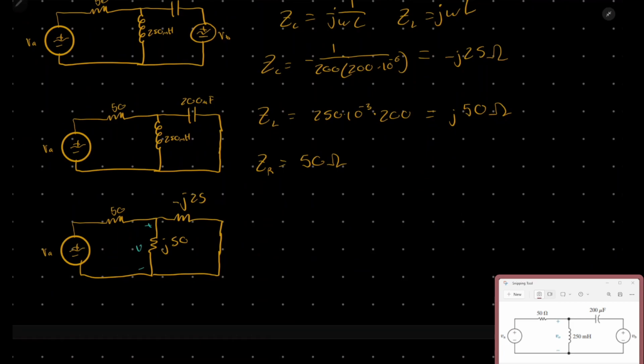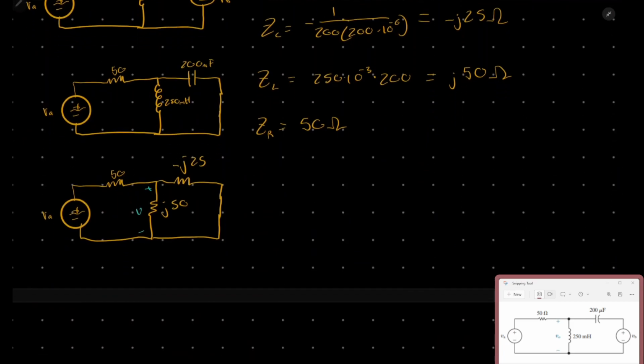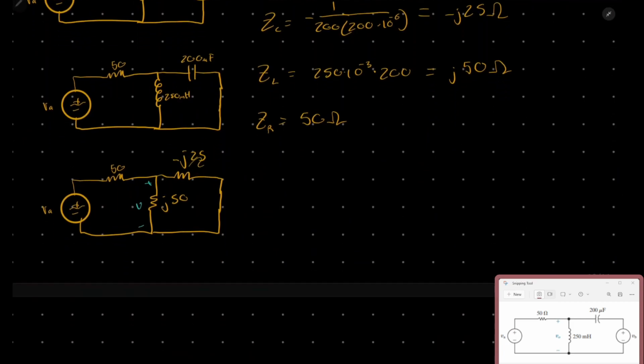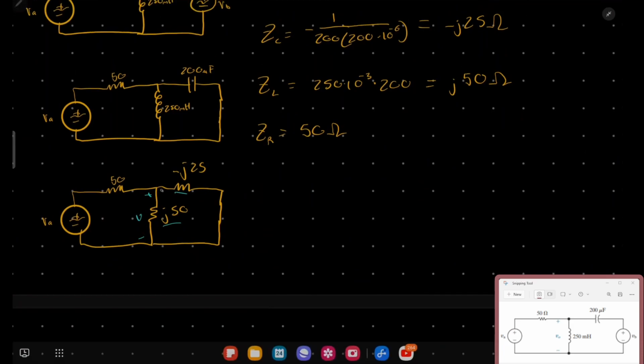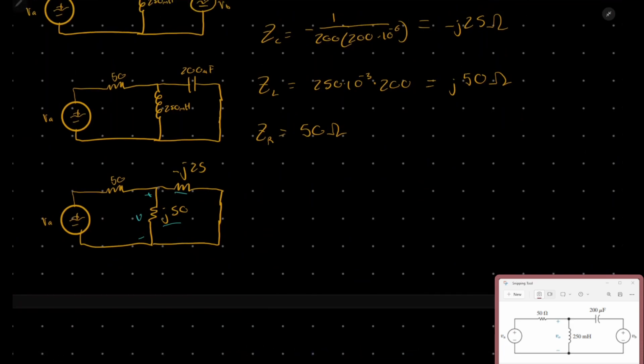If we look at our circuit right here, one thing that we can see is that these two impedances right here are actually in parallel, and since we're trying to find the voltage at this node, the voltage will be the same for both of these impedances.